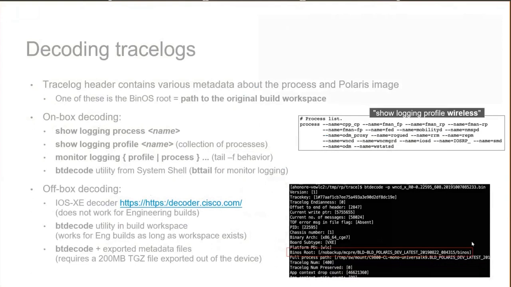To check the process logs before they are written into the trace log directory, we use this command: show logging process and the process name. To check the logs after the rotation is done, we'll have to get the file from the device, decode it internally, and check the logs. So this is about decoding the trace log.